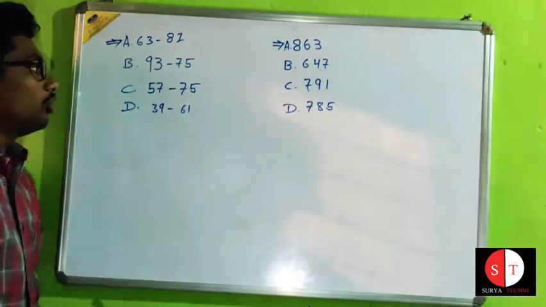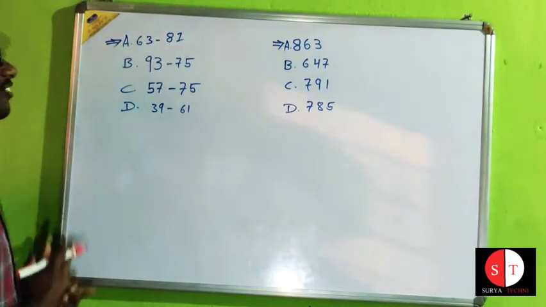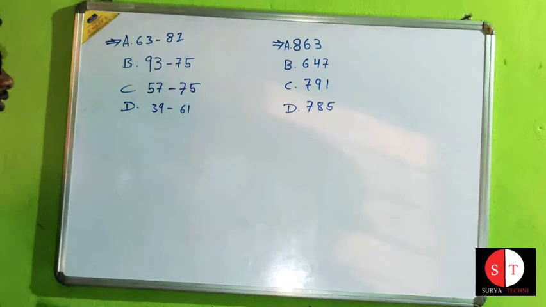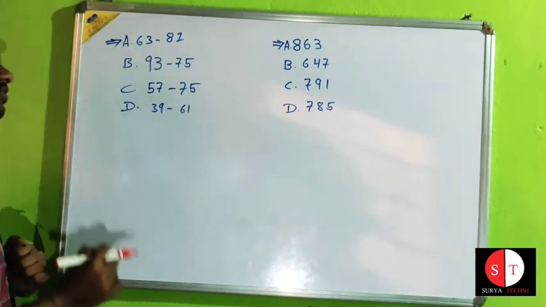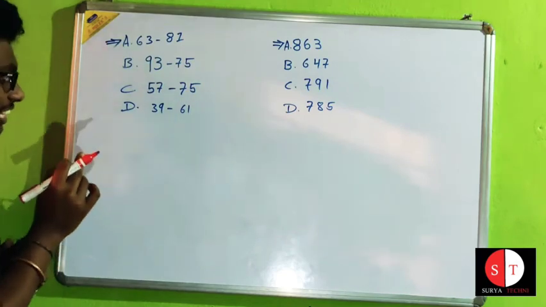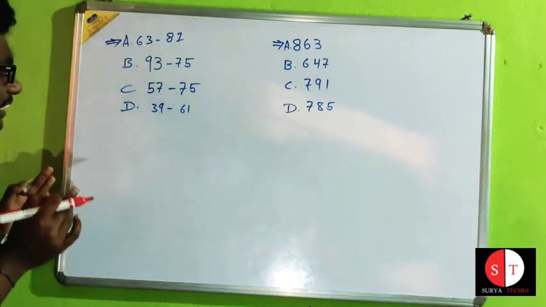Okay friends, now let's look at this question. Option A is 63 minus 81, option B is 93 minus 75, option C is 57 minus 75, option D is 39 minus 61.